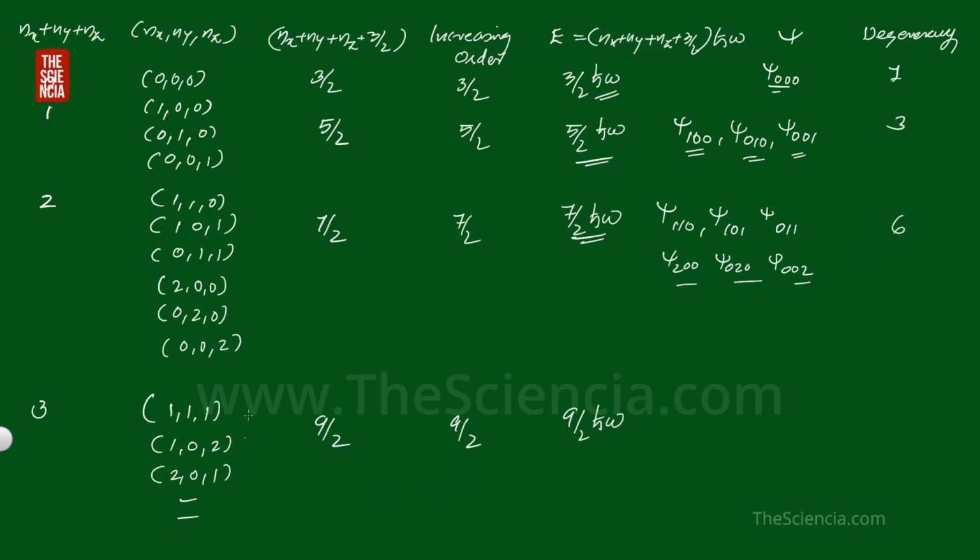And here you will get total 10 states, 10 combinations of nx, ny and nz. So the 10 states have same energy 9 by 2 h cross omega. So the degeneracy of all the states, that is psi 111, psi 102, etc. is 10.